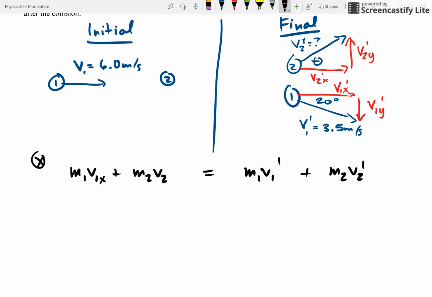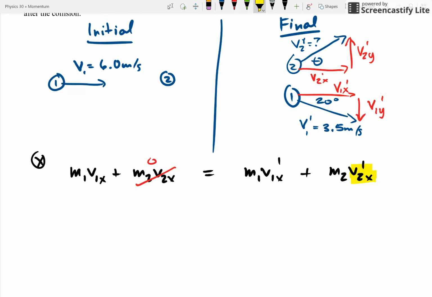You can record x here if you like to show that it's the x-axis. Ball 2 is stationary, so it doesn't have an x velocity, but the other terms stay. We want to find ultimately the velocity of ball 2 after the collision, so we need its x component.